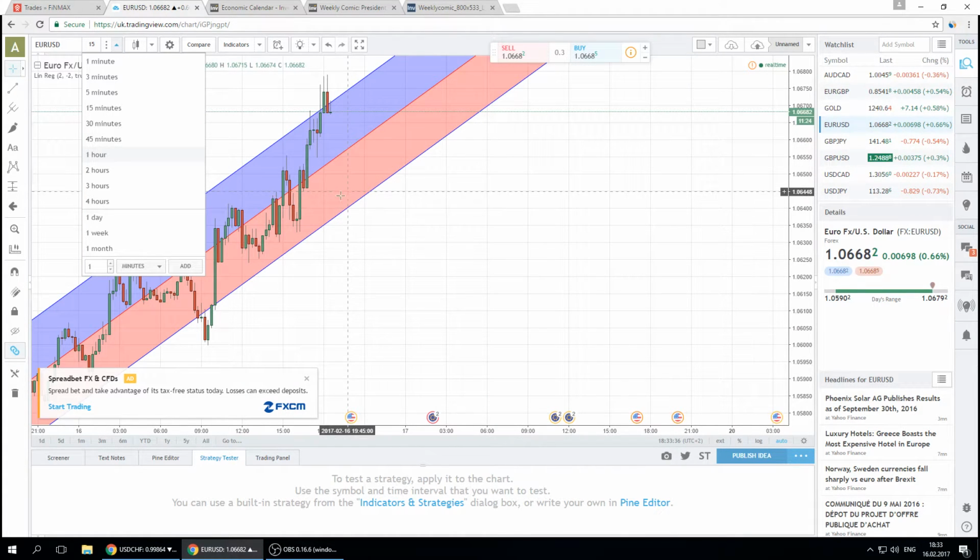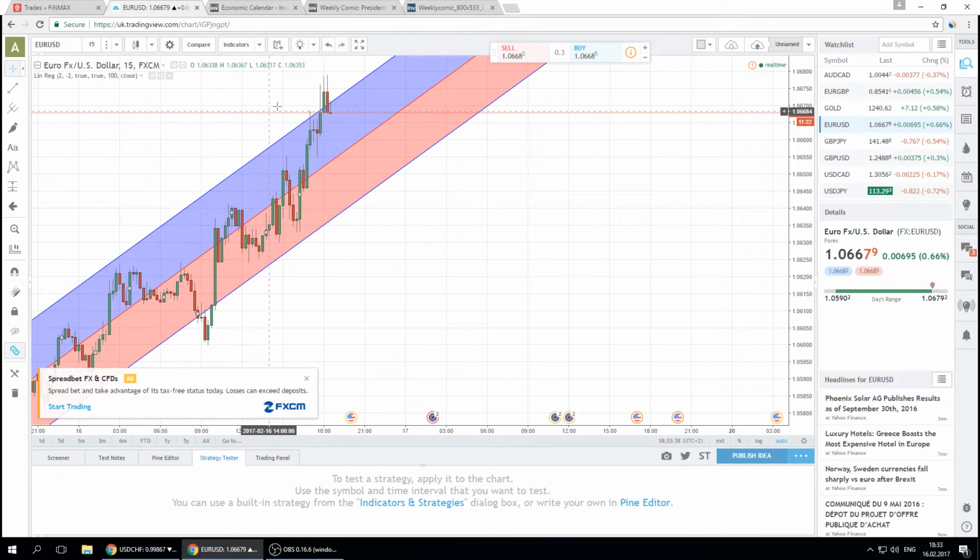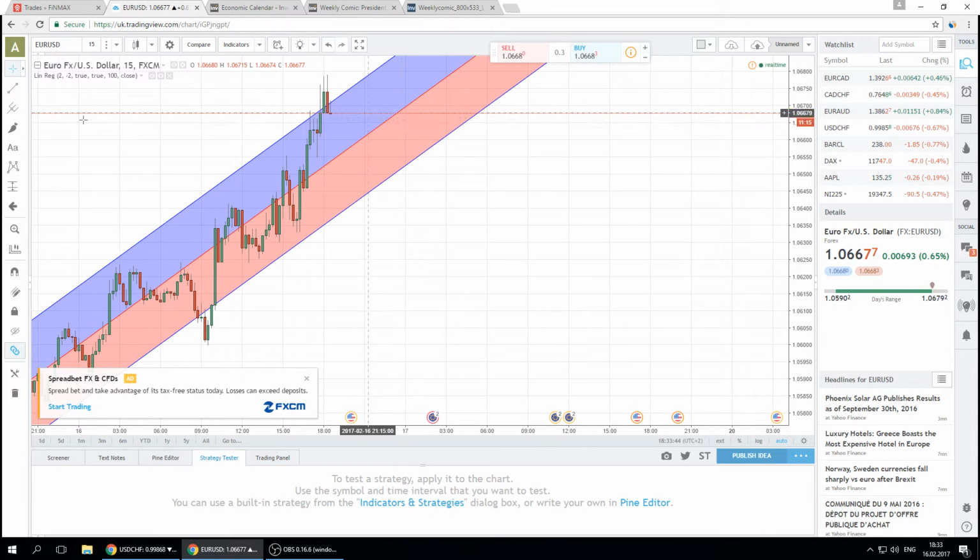What we're going to do today is trade on our currency pairs and stocks using the linear regression indicator and using the trend line as the general guide. So right now we see that Euro is on its highs. This is a pretty good situation to open the trade.